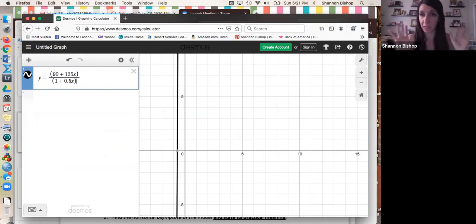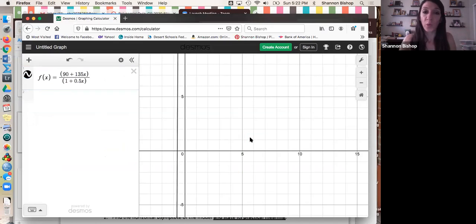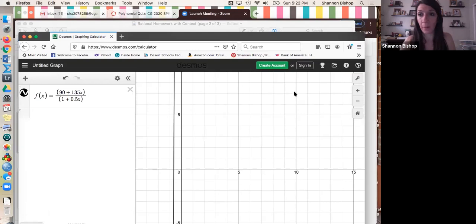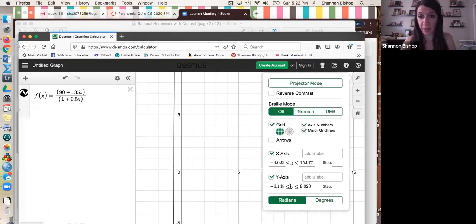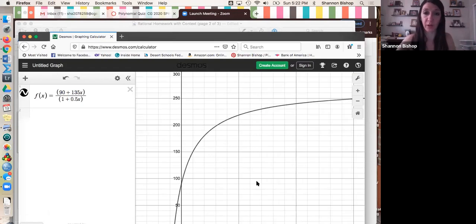It's just x's and y's, or if you really wanted to, you could say f of x, but nonetheless, no fancy variables. So the window, first of all, is bad because remember that the horizontal asymptote was 270. So I'm going to go into my wrench and make my y-axis go all the way up to 300. There we go, much better.